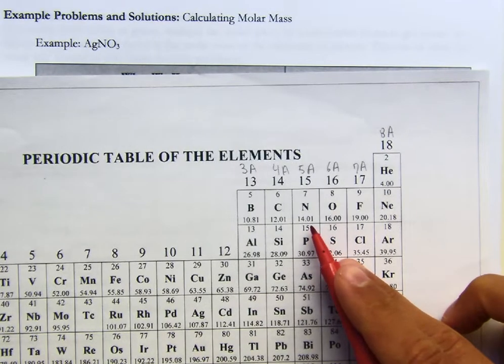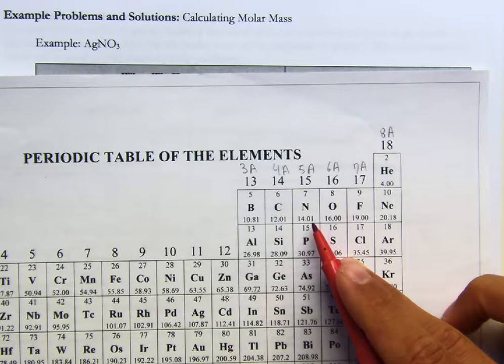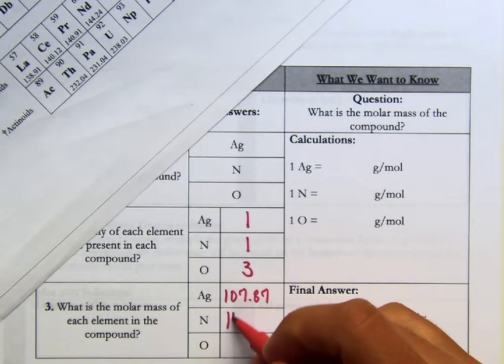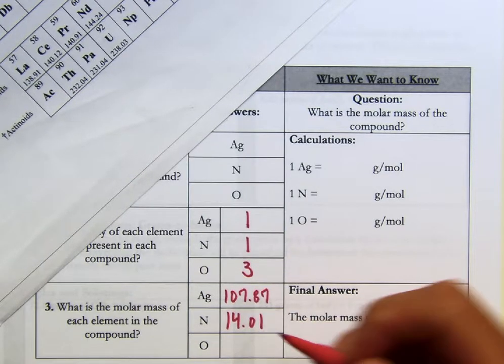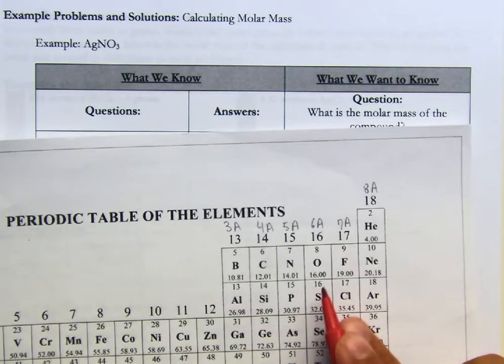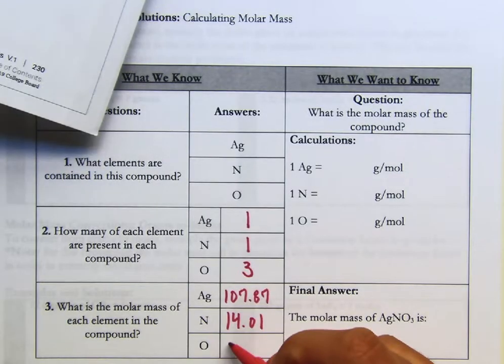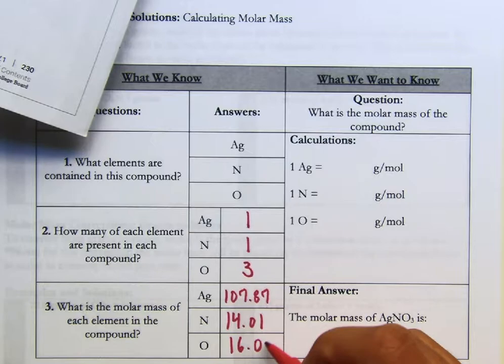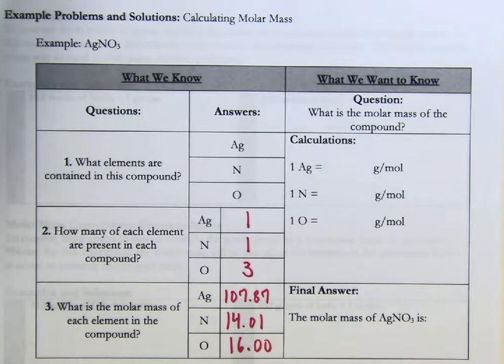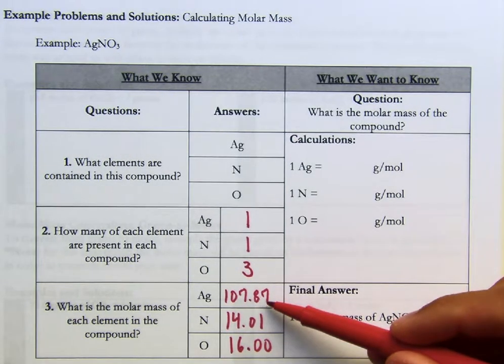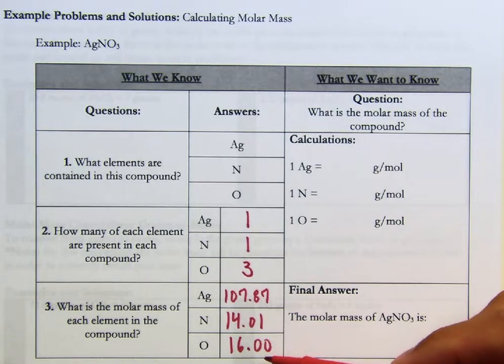Nitrogen is right here. It's 14.01 for the molar mass. And then oxygen is right next to it, and it's at 16. Okay, so these are the masses of the elements present.